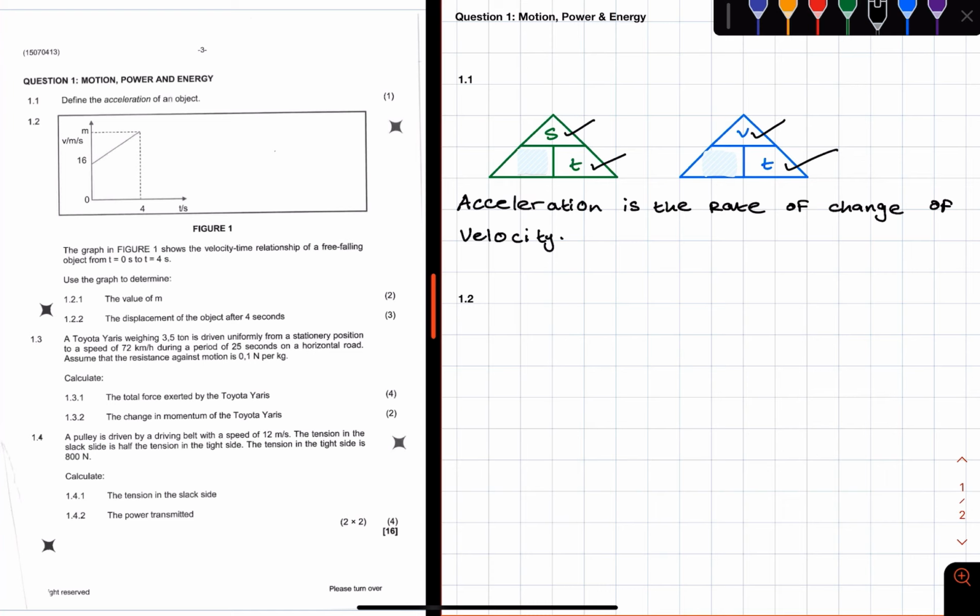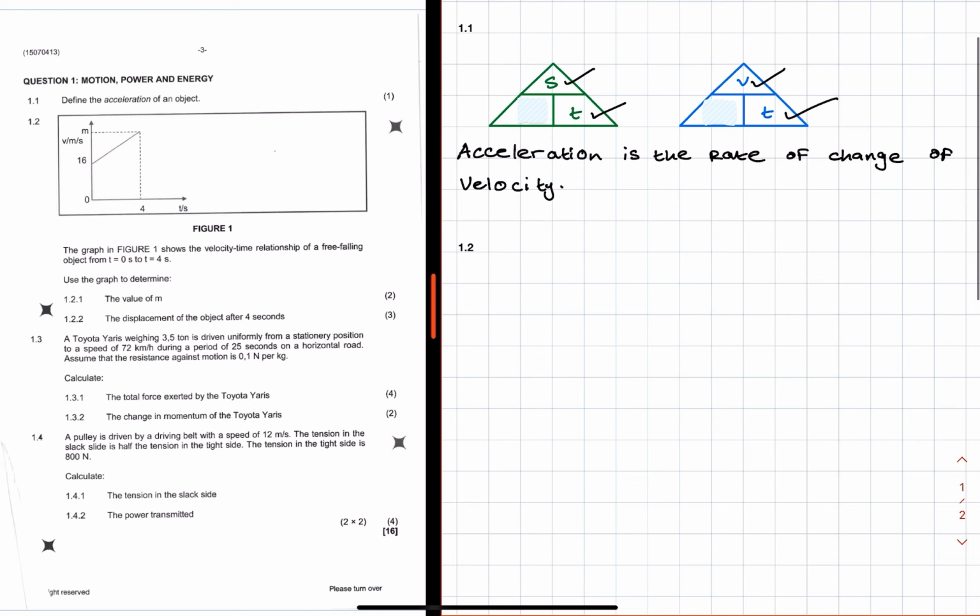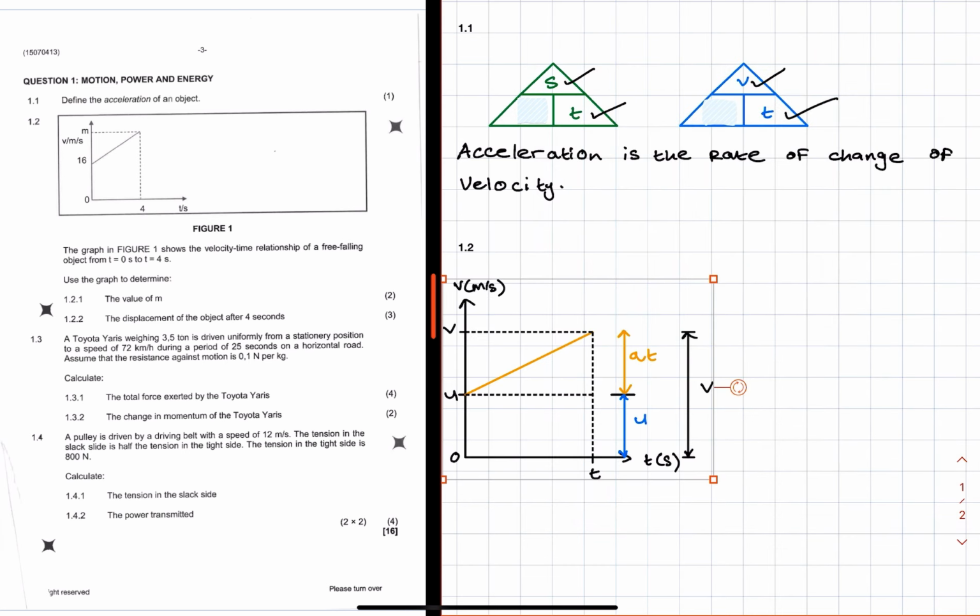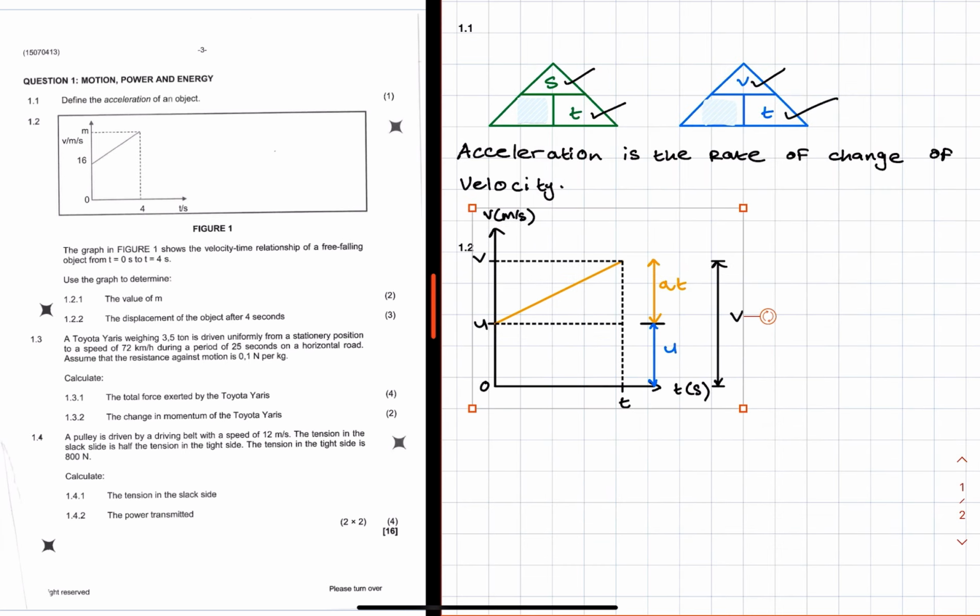Now, before we get to that, if you look at figure 1, it is a velocity time graph. Now, what do we know about a velocity time graph? This here is a typical velocity time graph.